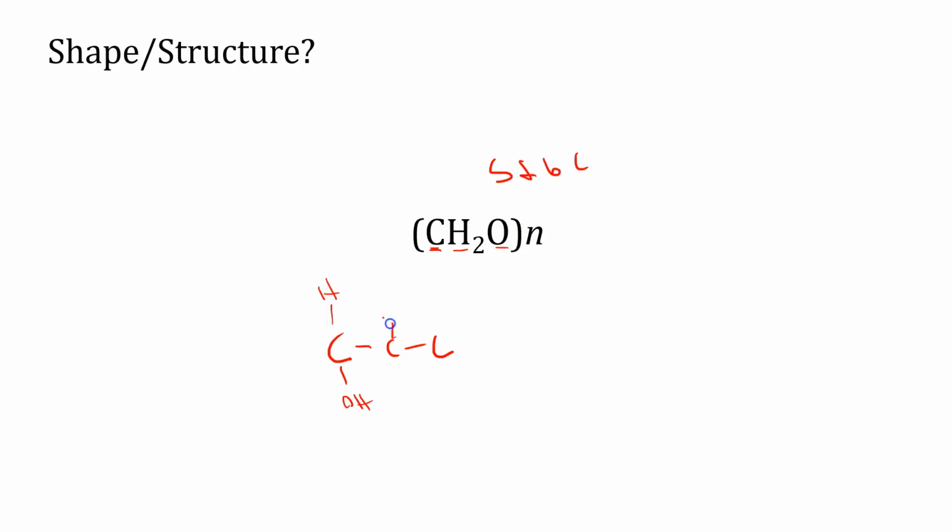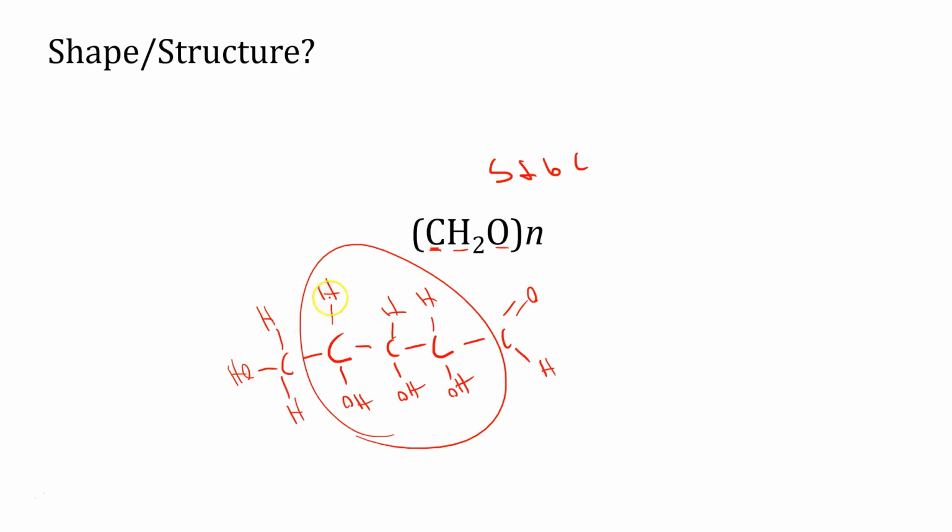Okay, so each one of these has an H and an OH on it, and then usually the last one is going to have a group that looks like this, and then this one would have an H, OH, and H, something like that. So these ones in the middle have that common theme, H and OH, but the ones on either side of the sugar might be a little bit different.